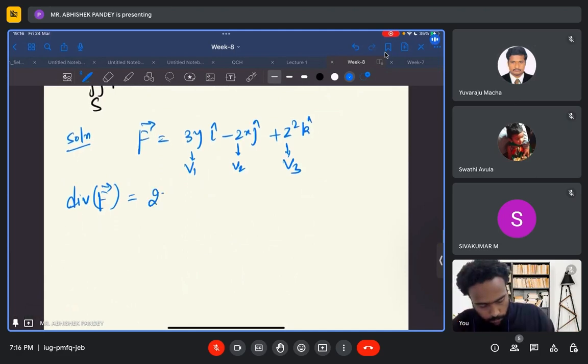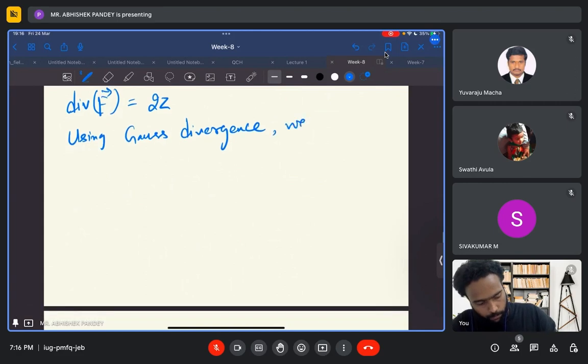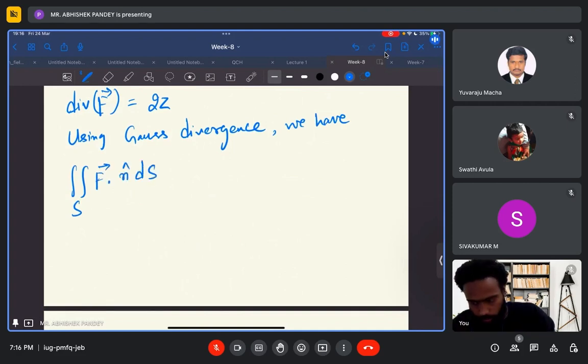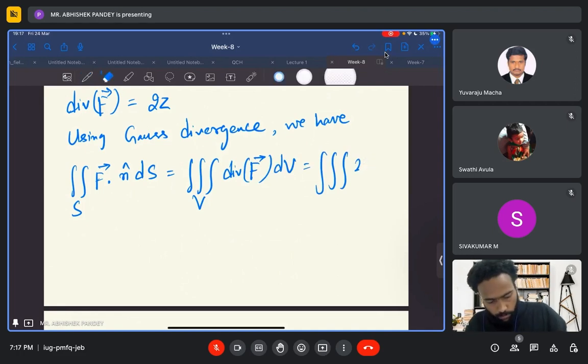Now using Gauss divergence, we have that the integral of F dot n cap dS is equal to the volume integral of divergence of F dv, which is 2z dx dy dz.